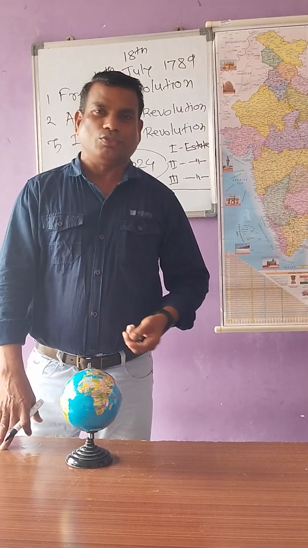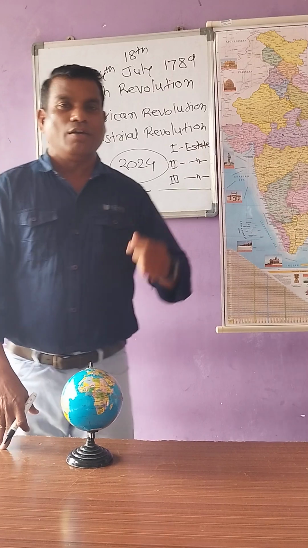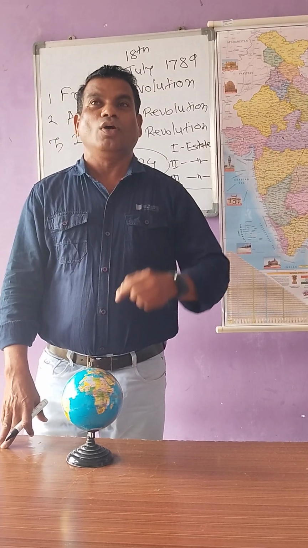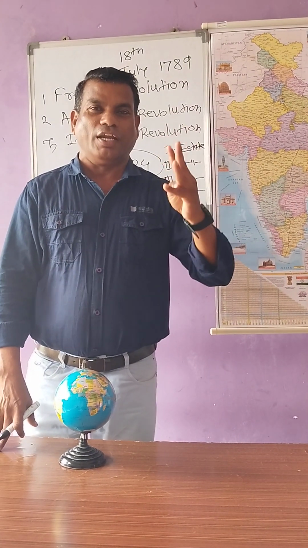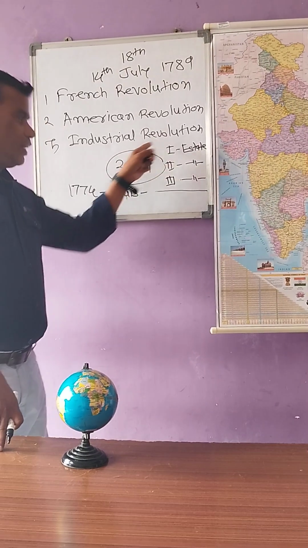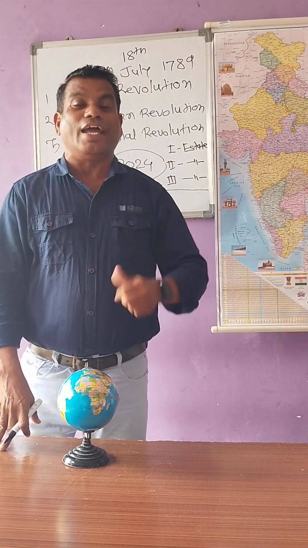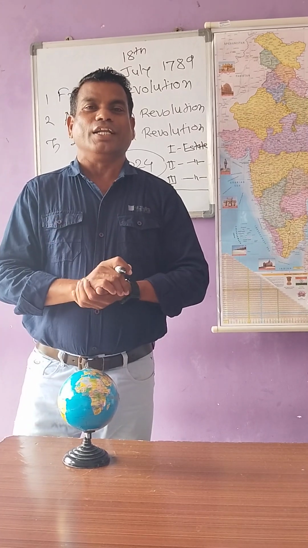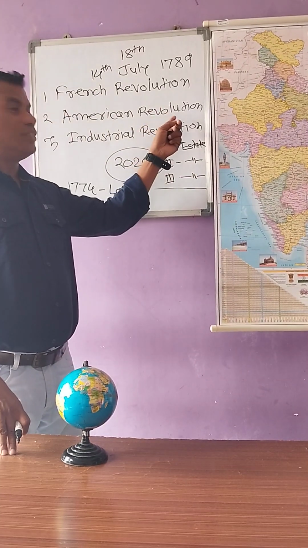Among them were Montesquieu and Rousseau, who awakened the French people about the importance of liberty, fraternity and equality. Their ideas enlightened the French people, and they started revolting against their rulers.